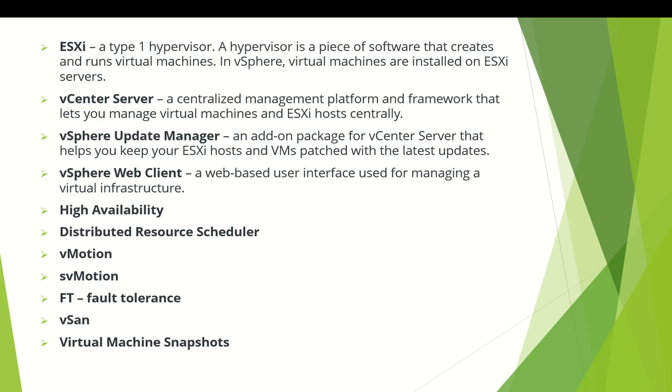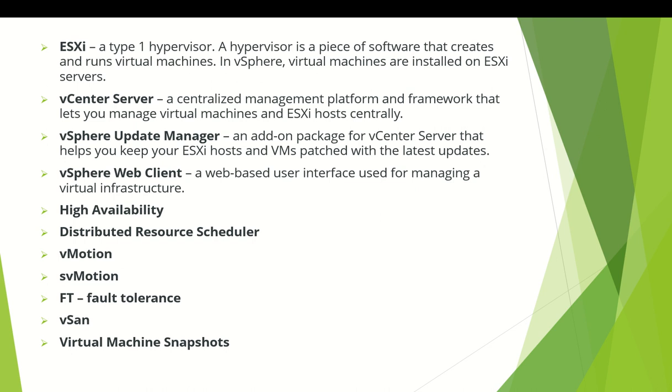So HA is high availability. High availability is configured on a cluster. A cluster is nothing but a group of ESXi hosts together in a single cluster or multiple clusters. Each cluster will have multiple ESXi hosts, where you can enable high availability and DRS on a cluster.